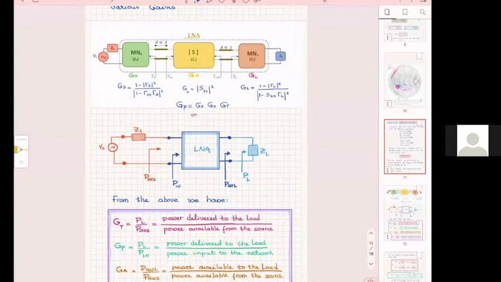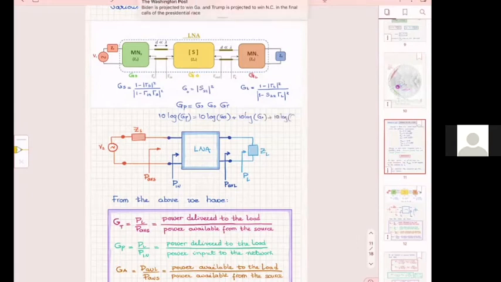But if you want to do it in dBs, in dBs it will be 10 logarithm of GP, which will be 10 logarithm of GS plus 10 logarithm of G0 plus 10 logarithm of GL. Why I put G?